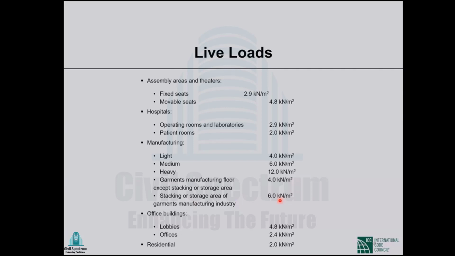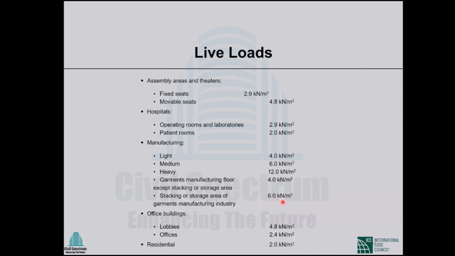But do you think this is enough? 120 PSF? I think many of you who have experience in assessing garment factory buildings will disagree. They would say that it is very common that in the garment factory building, in the storage areas, the live load exceeds this value. Yes, that has been considered even in this code too.